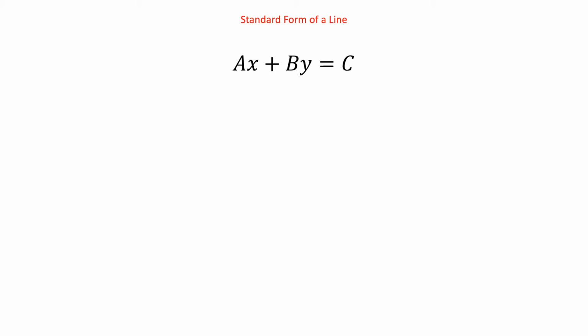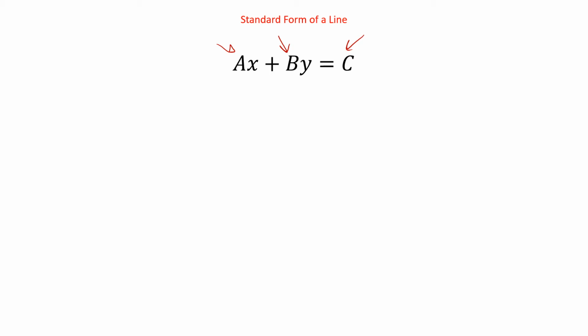A, b, and c are just numbers. They are integers, so we don't generally have any kind of fractions or decimals. I have seen them occasionally, but that's not true proper standard form. Generally speaking, we do want them to be integers.